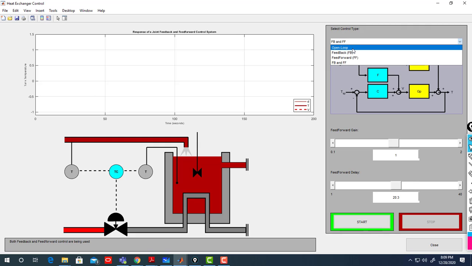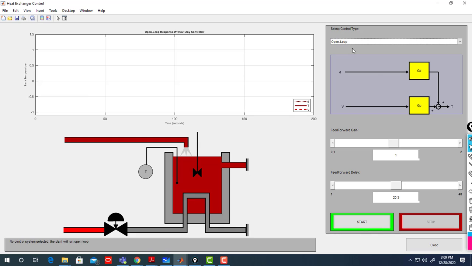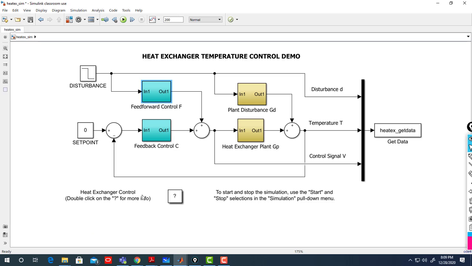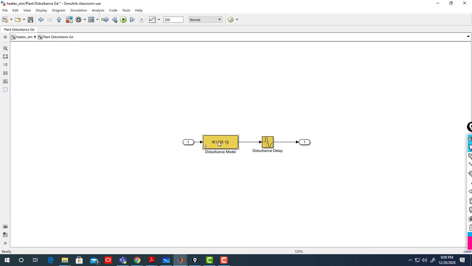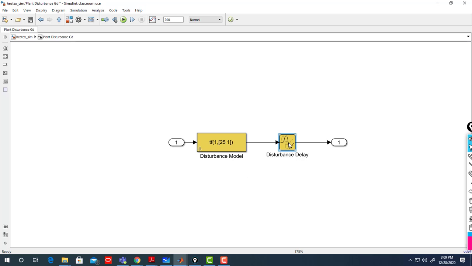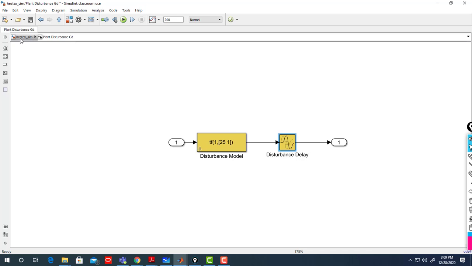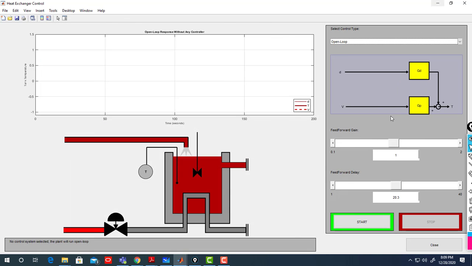So of course if it's open loop, I have GD and I have GP and GD. If I go here, if I'm open loop, just I'm going from here, GD, you have disturbance delay of 35, and so this doesn't affect the system. Now it's open loop, so whatever you change here, this doesn't affect the system.